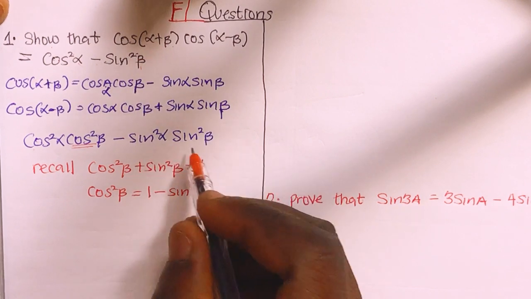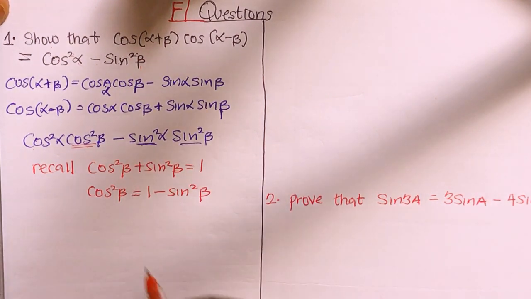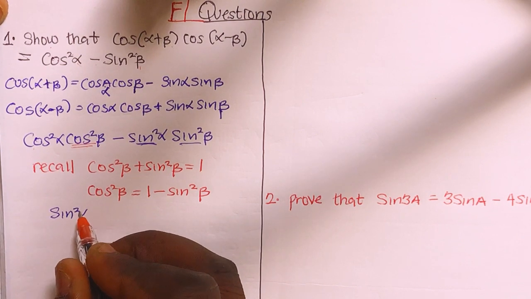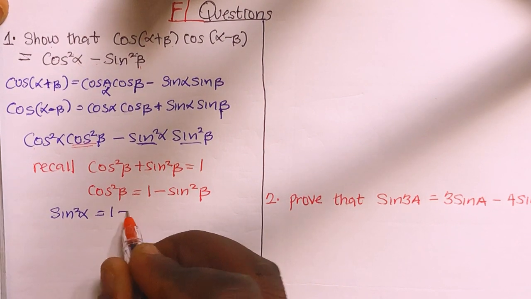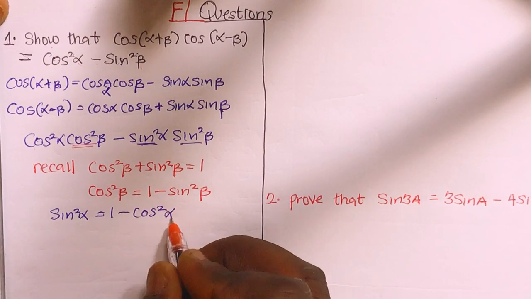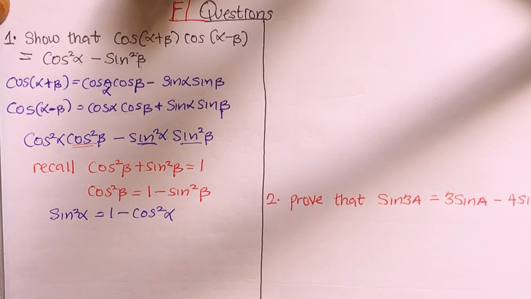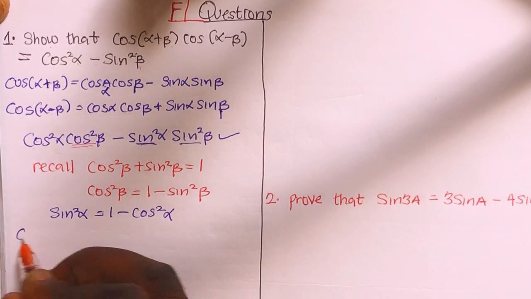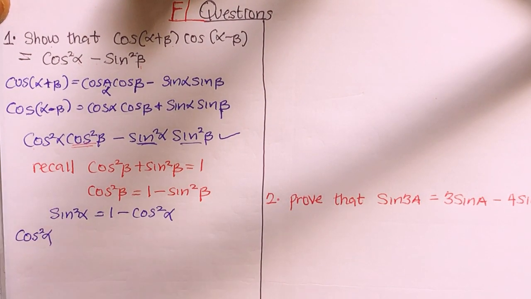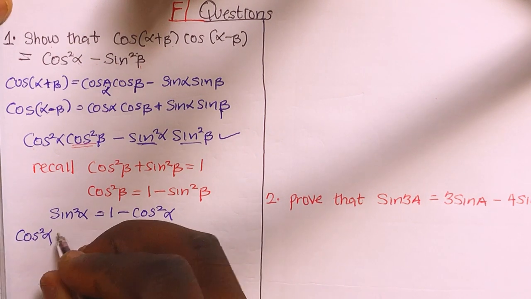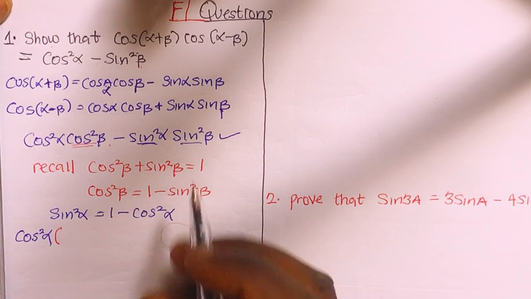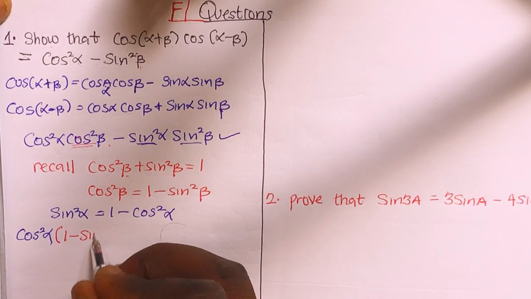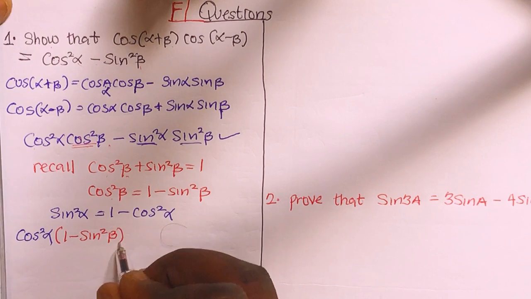You can do the same for sine square alpha, which equals 1 minus cos square alpha. Then go ahead and put it inside this expression. You have cos square alpha into brackets, cos square beta which is 1 minus sine square beta.